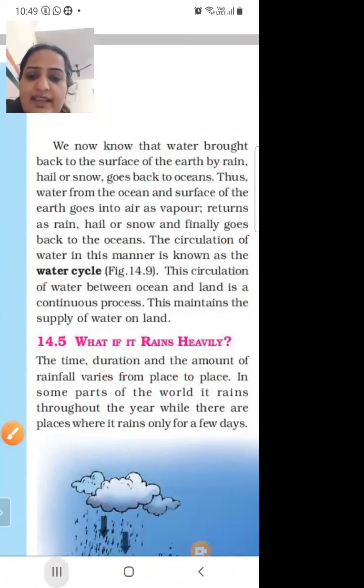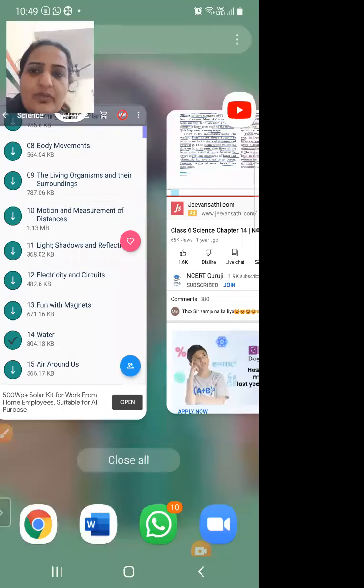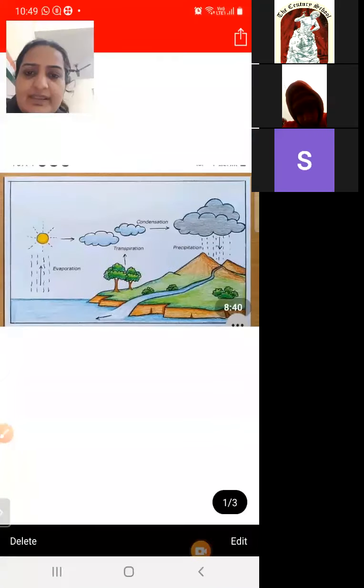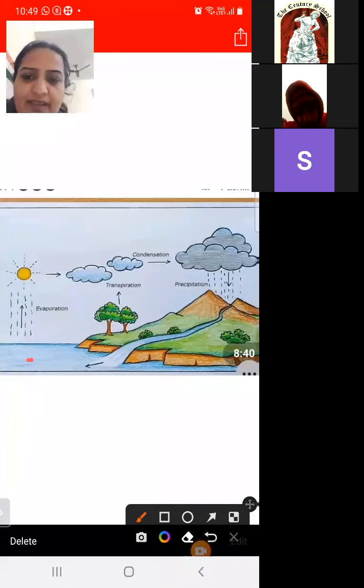So I will show the water cycle diagram. So this is our water cycle diagram. Suppose there is water, and when this water evaporates due to heat, it converts into water vapor.